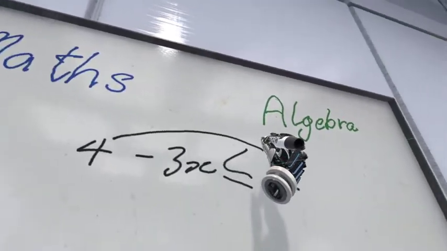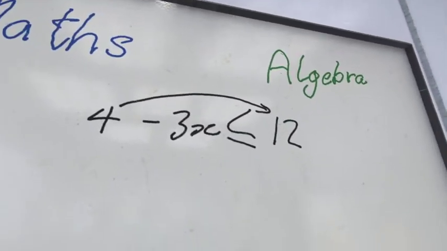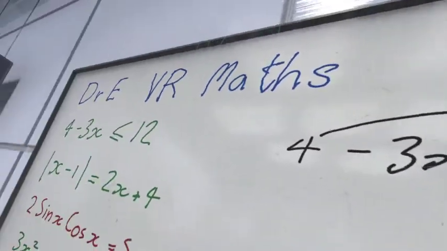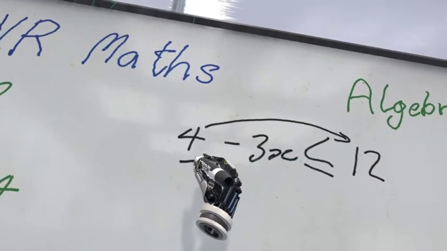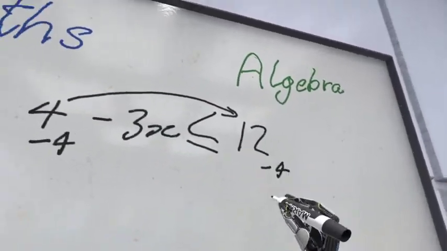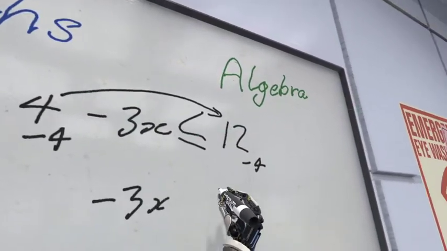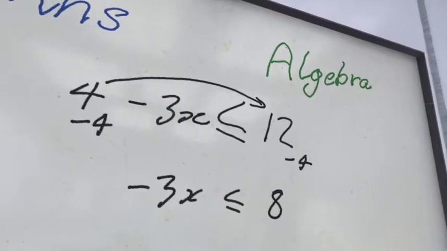That 4 is going to go over there to start with. Depending on how you do it, you can move the 3x over the other side if you want. But let's move the 4 over there. So we're going to take off 4. If we do that, we end up with minus 3x less than or equal to 8.